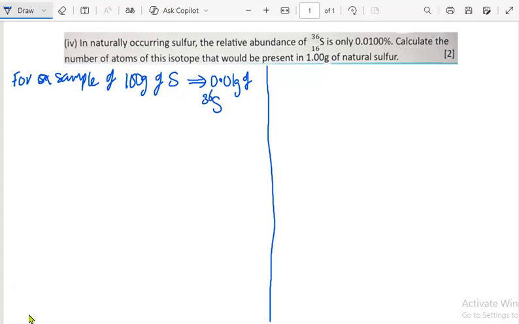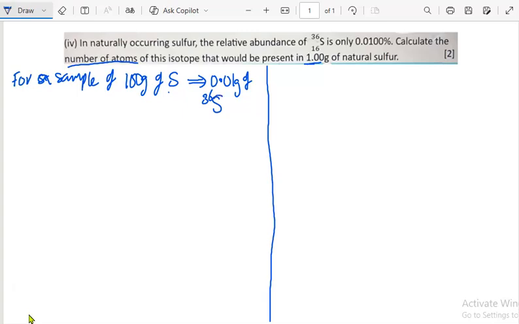The question is the number of atoms of this isotope in 1.0 gram of natural sulfur. Before we find the number of atoms, we first need to find the mass of sulfur-36 in 1 gram. In 100 grams of sulfur, about 0.01 gram of sulfur-36 is present.